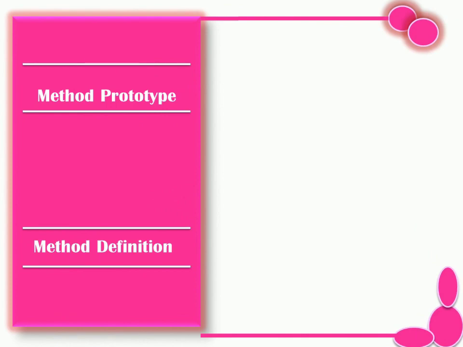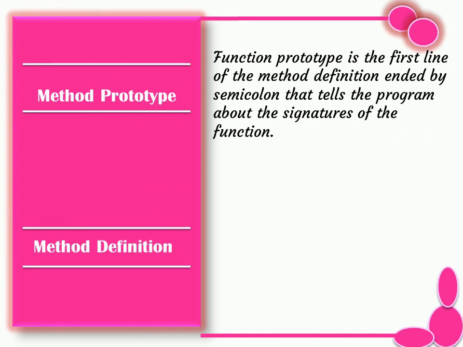Now we'll see what is method prototype. A method prototype is the first line of a method definition ended by a semicolon. This also tells the program about the signature of the function. We can also call it a method declaration.